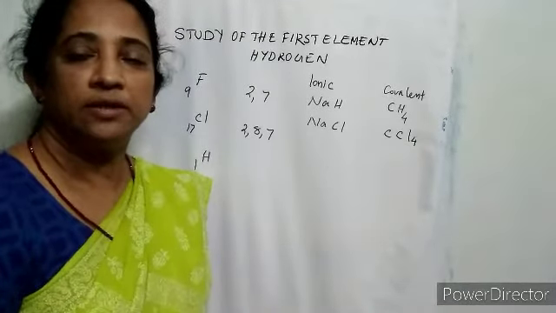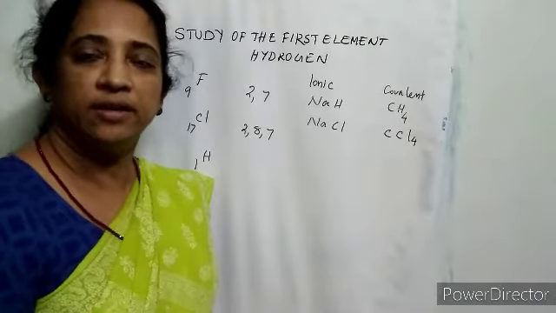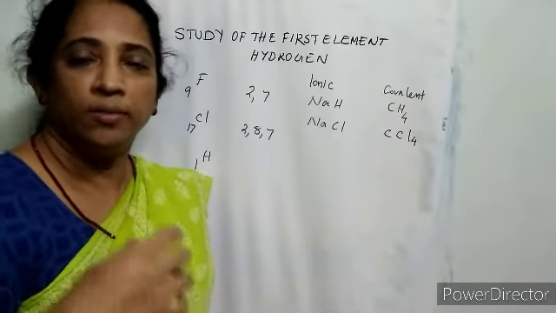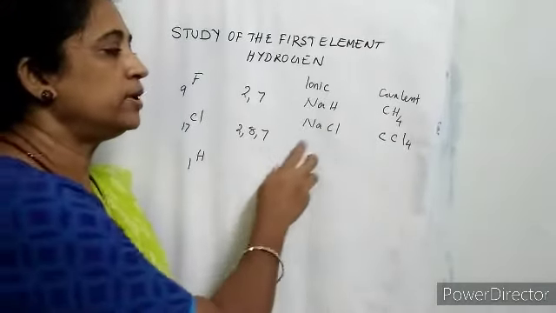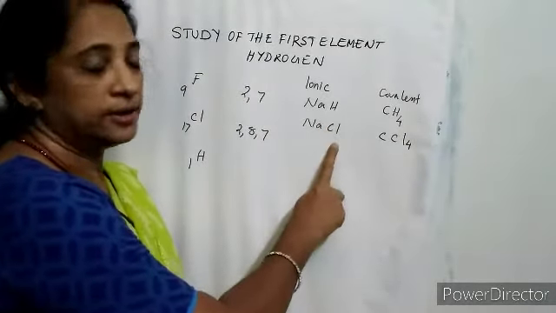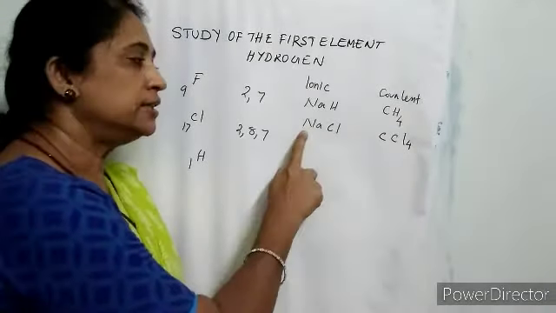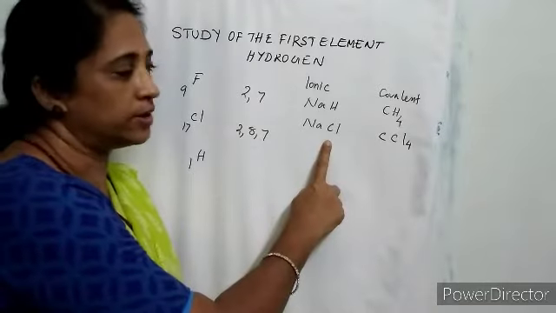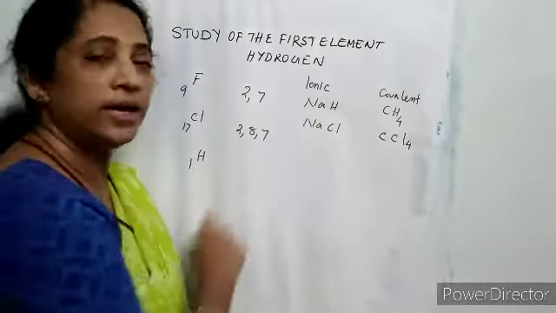Next point, like halogens, hydrogen can form both ionic and covalent compounds. For example, the halogen chlorine reacts with the metal sodium to form sodium chloride. This sodium chloride is an ionic compound. In the same way, hydrogen reacts with sodium to form an ionic compound.